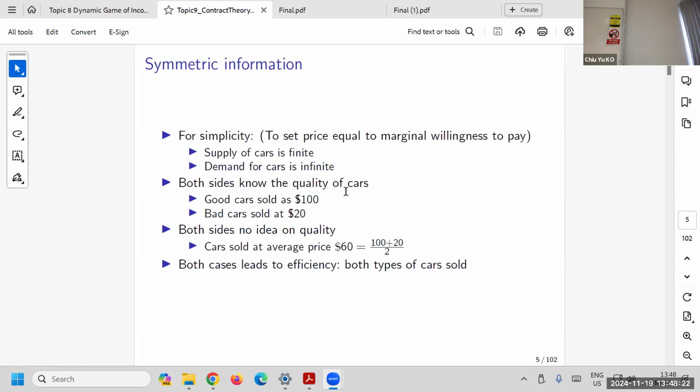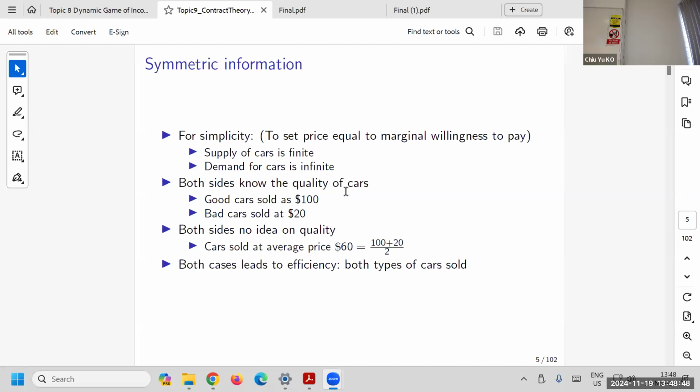We do that because we set the price equal to the marginal buyer's willingness to pay. That simplifies our bargaining problem, and if you want to relax it, that's not a big deal. The idea still holds. If both sides know their car, then because demand is infinite, the good car is sold at 100. Everyone wants to buy at 100, and the bad car sells at 20.